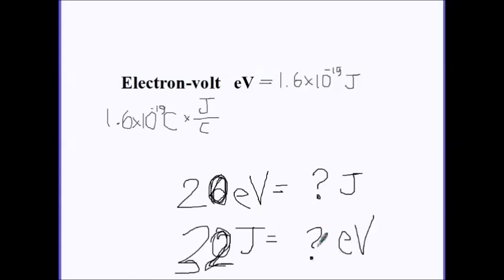And these units very small. So I would need to divide this by 1.6 times 10 to the minus 19, and it comes out to be 20 times 10 to the 19th electron volts. It gets much bigger.